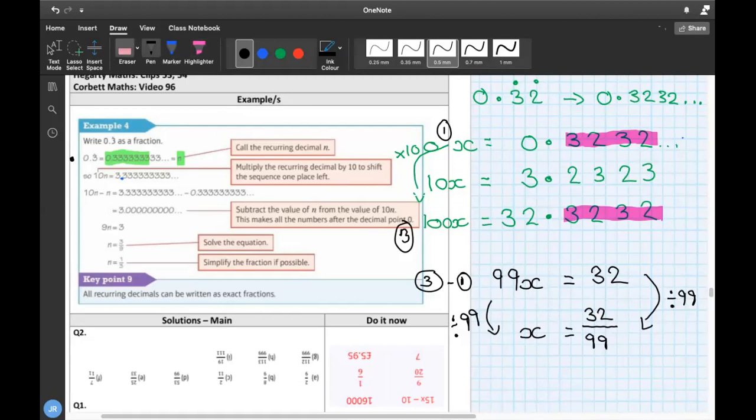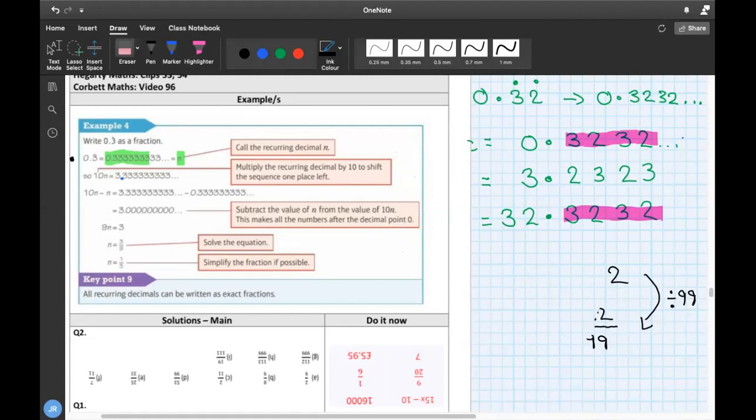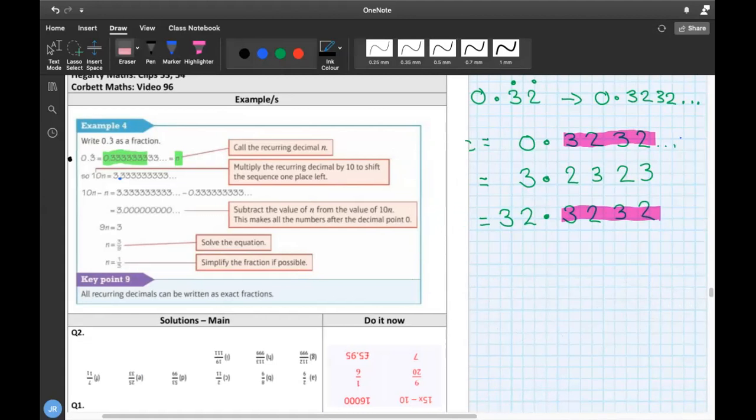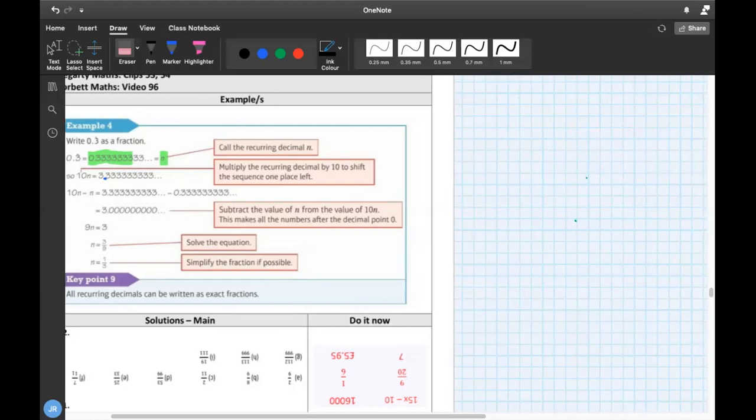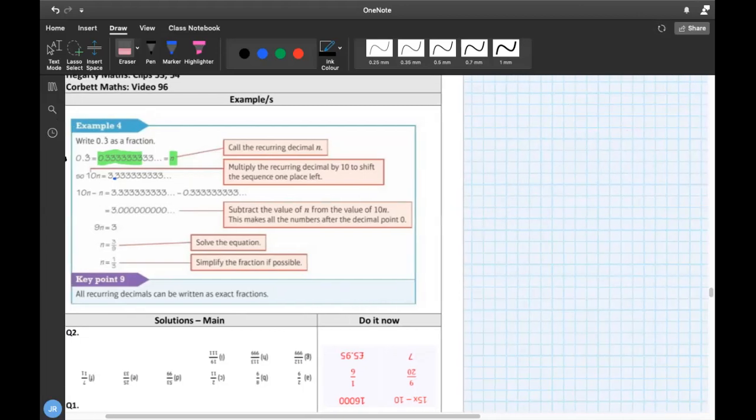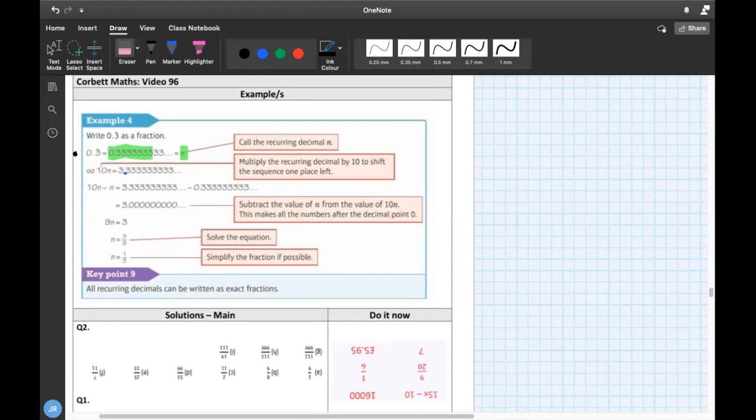I'm going to show you one more now, and this time we're going to look at a recurring decimal that has 3 recurring digits. Let's see what happens there. It's a very, very similar thing. Some of you might be able to predict what we're going to do next. Let's see what you've come up with. Okay, so the example I'm going to use this time, we'll do this one in red.